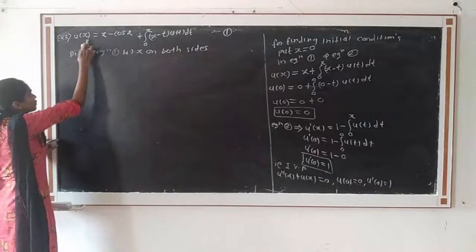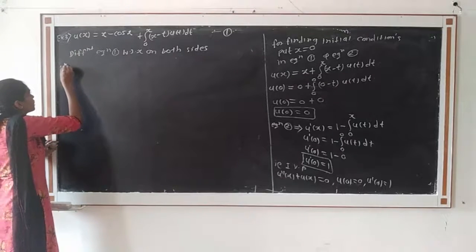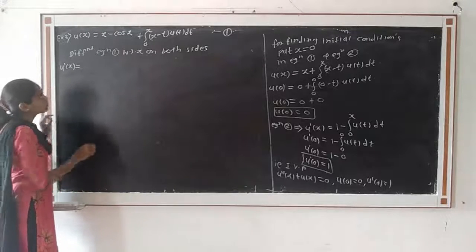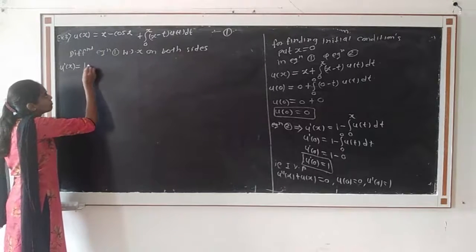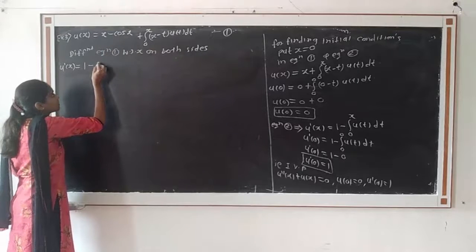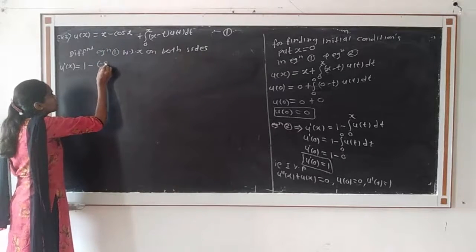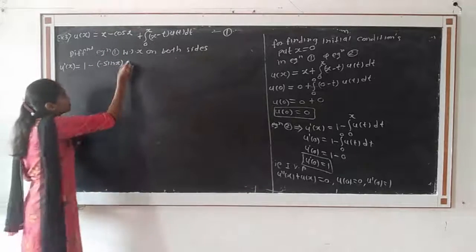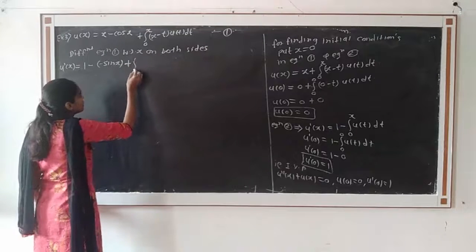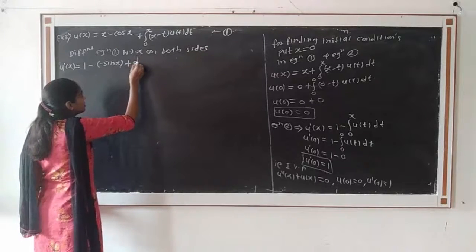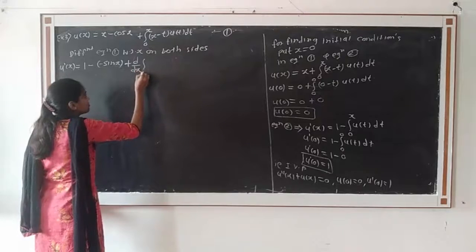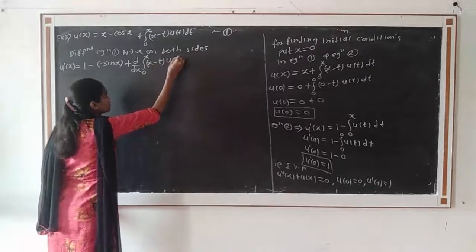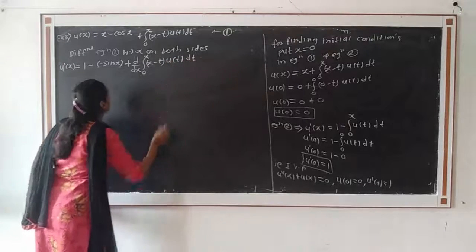We get the derivative of u of x with respect to x is u dash of x, which is equal to the derivative of x with respect to x, that is 1, minus the derivative of cos x, which is minus sin x, plus d by dx of integration from 0 to x of (x minus t) into u of t dt.